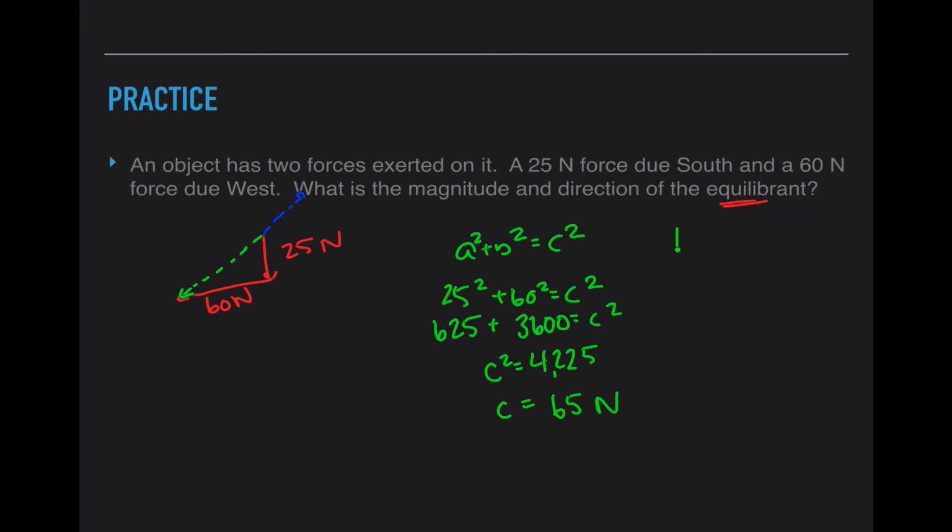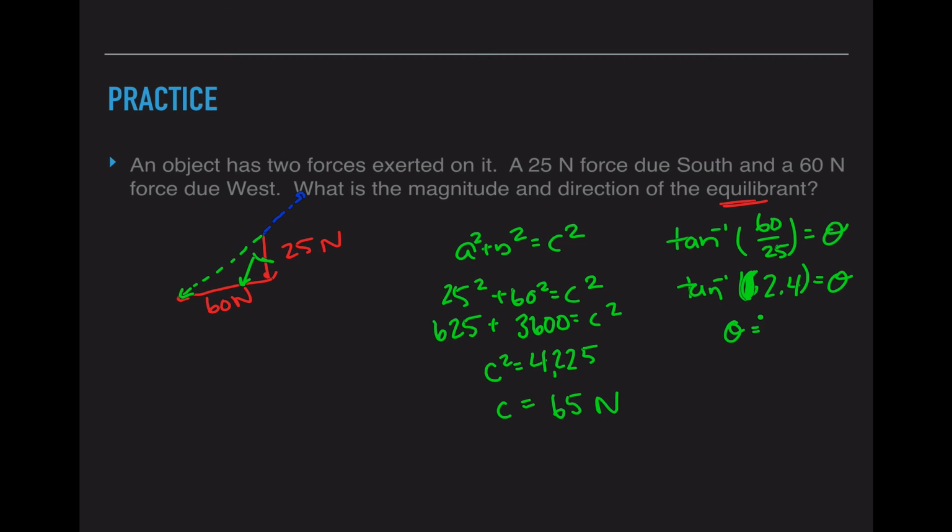Now we have to calculate the angle and direction. Inverse tangent of opposite over adjacent, so 60 over 25 equals theta. Inverse tangent of 2.4 equals theta.